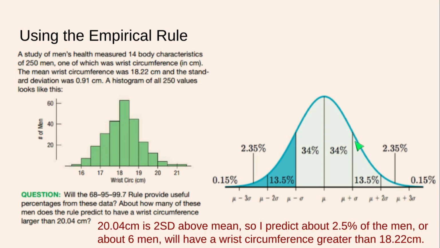So I used my normal model, found a percentage, and then solved the problem which asked how many of the men. So I need to list a number of men, take this percent, multiply by the size of the sample, and I get my proportion of the sample that I predict, not know, predict, will have a wrist circumference larger than 20.04 centimeters.